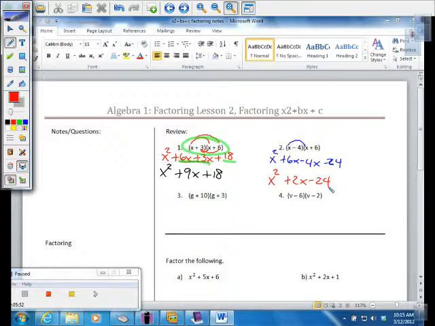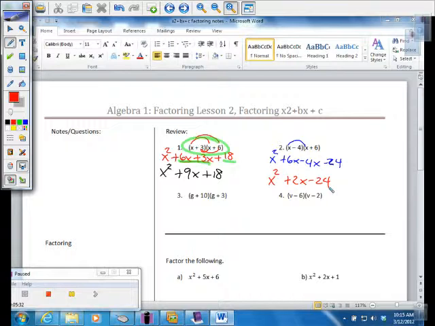Well, negative 4 times positive 6. I need two numbers that multiply to give me negative 24, but when I add them together, the 6x and the minus 4x, they add to give me positive 2. Does that make sense? That's how you do the opposite of the double distributive property. You have to understand those principles.